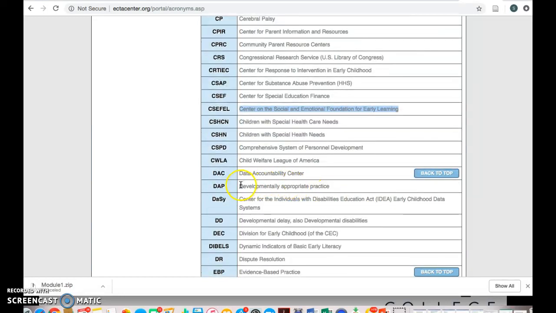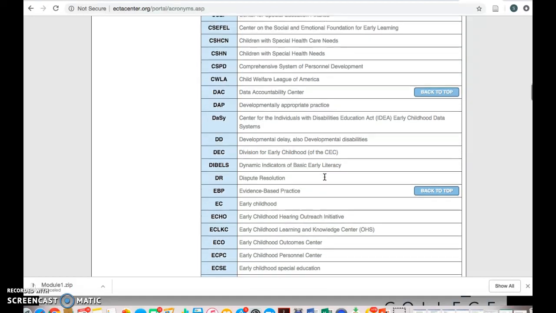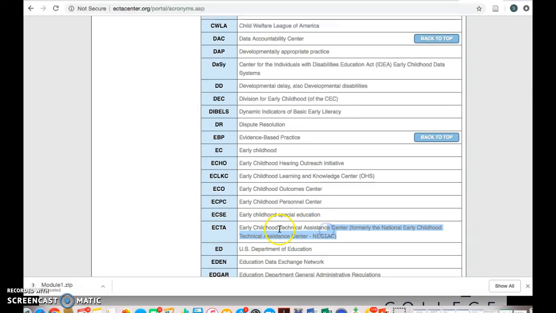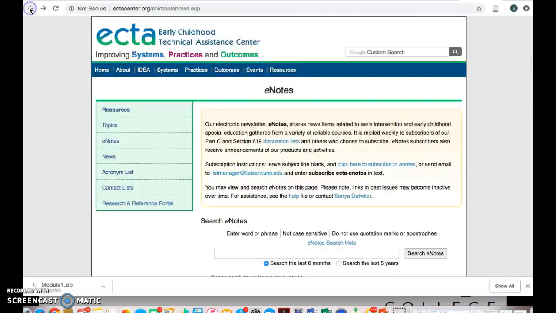Developmentally appropriate practices, you're familiar with that one. Division for Early Childhood, I mentioned that last class. That's part of CEC, Council for Exceptional Children. And even ACTA is on there. So I would encourage you to use this resource.